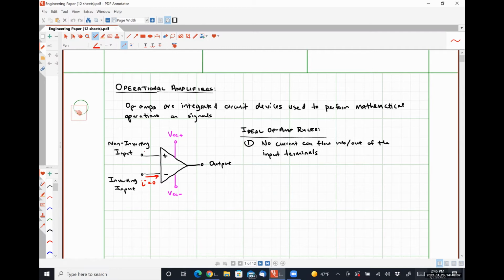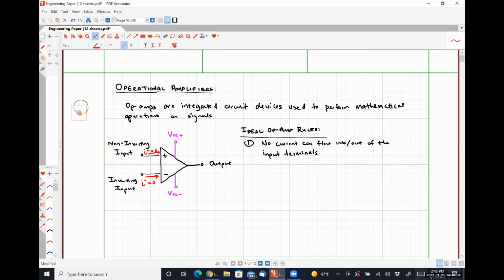Similarly, I can call this current up here I plus, and it has to be 0 as well. Okay. So both of these currents are always 0 amps.